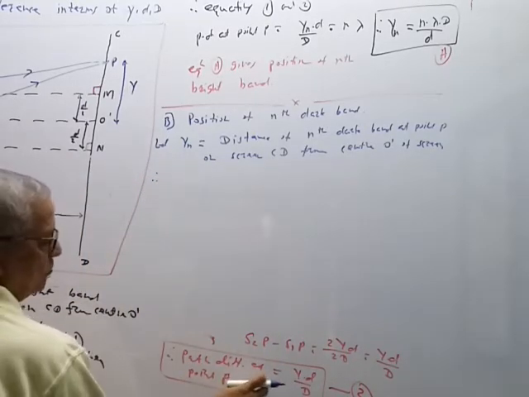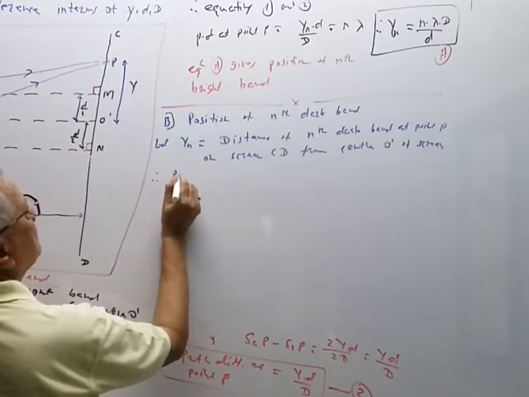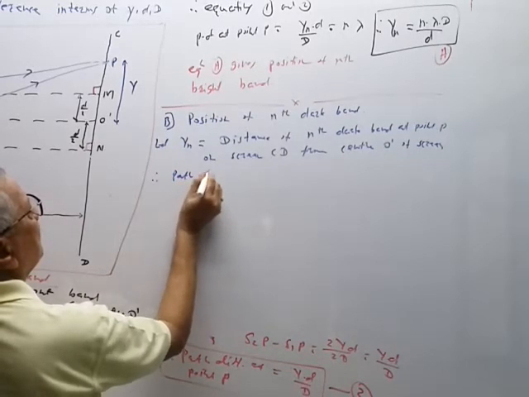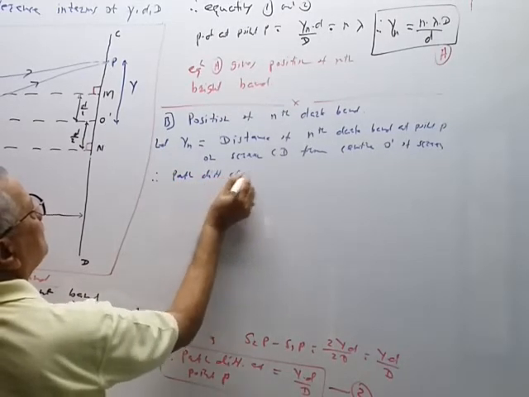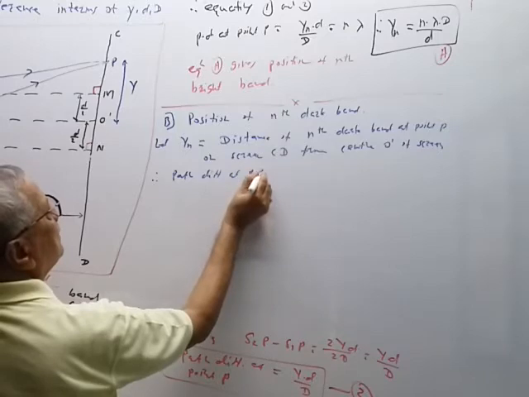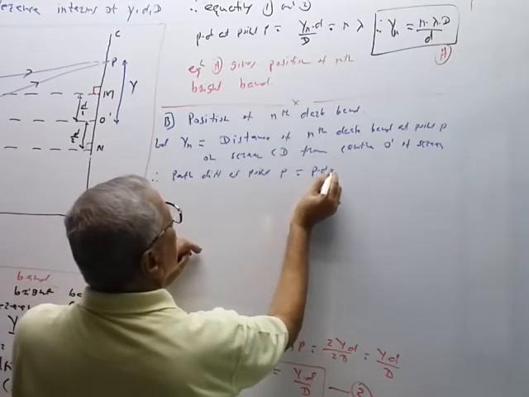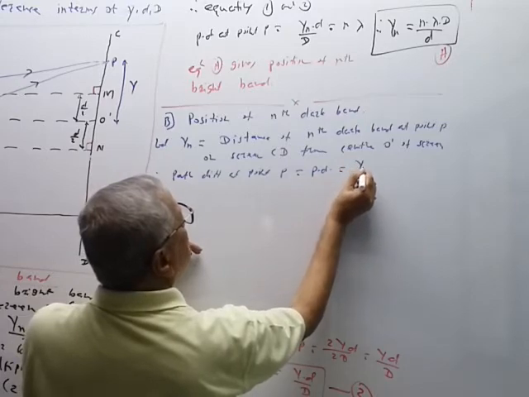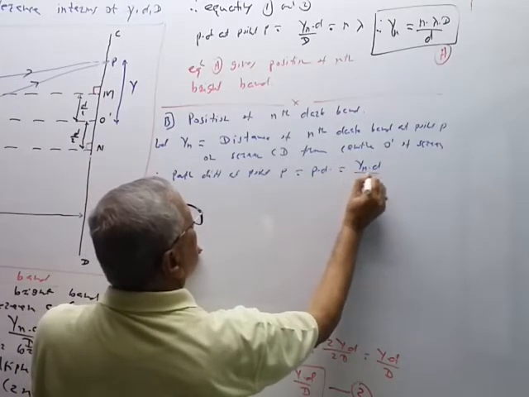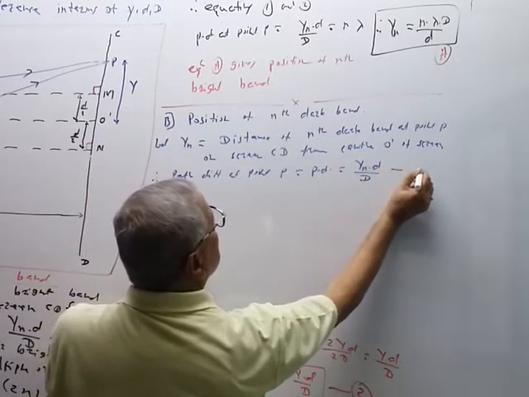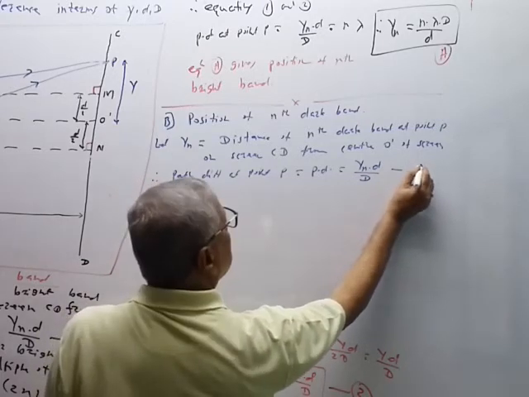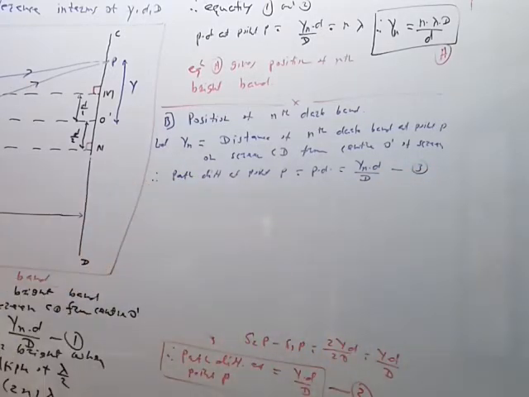Therefore, by using this formula, path difference at point P is equal to PD is equal to the distance of the point P into small d upon capital D. Say this is equation 3. Equation 1, equation 3.